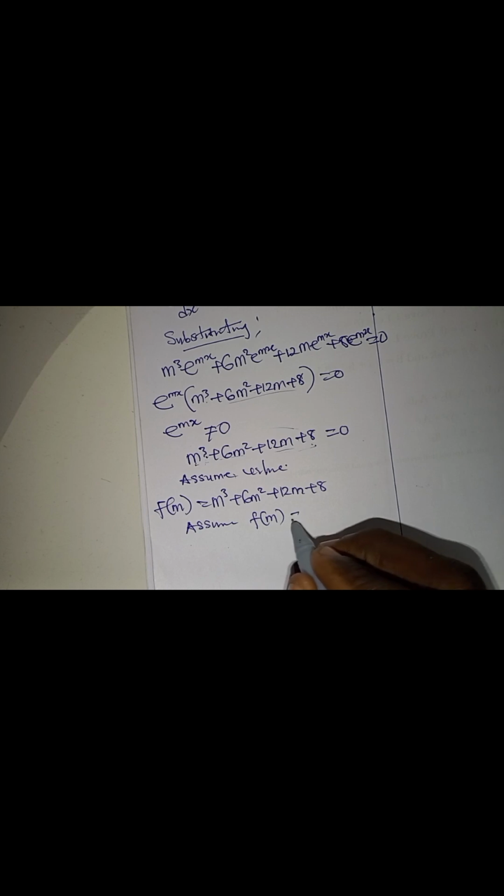Right, f of m is equal to f of minus 2, which means that m here is equal to minus 2. So I'm going to substitute minus 2 into this expression. So this will give me f of minus 2 to be equal to minus 2 cubed plus 6 into minus 2 squared plus 12 into minus 2 plus 8.